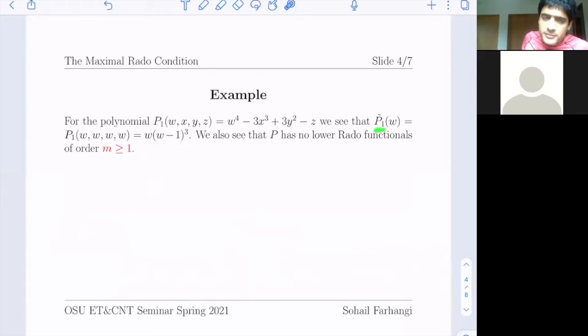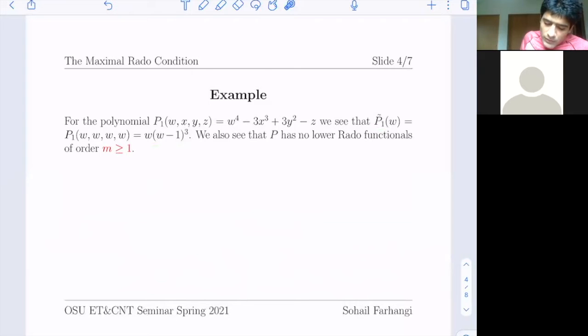In particular, this p1 tilde factors as a product of linear polynomials. This is not relevant for the definition of lower Rado functional, but it'll be relevant when we get to the actual statement of the minimal Rado condition.